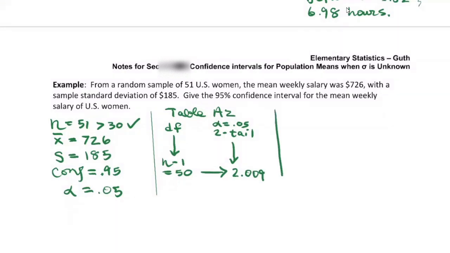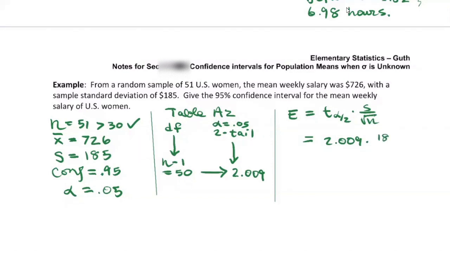Then our margin of error is t alpha over 2 times s over the square root of n. Let's put in the numbers. That would be 2.009, yep, 2 standard errors in the margin of error. S is 185, and that's over the square root of 51.